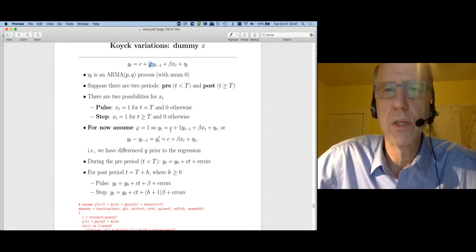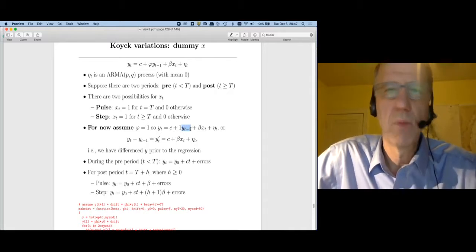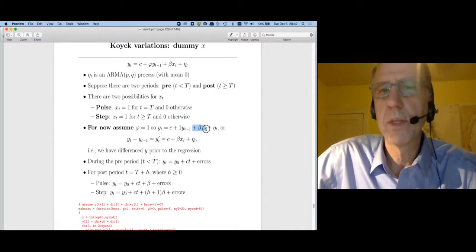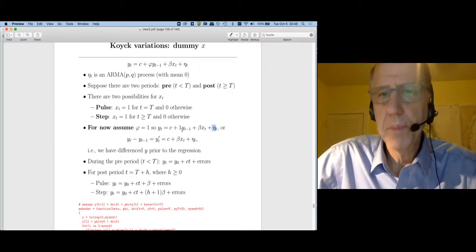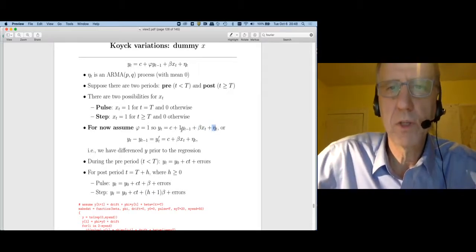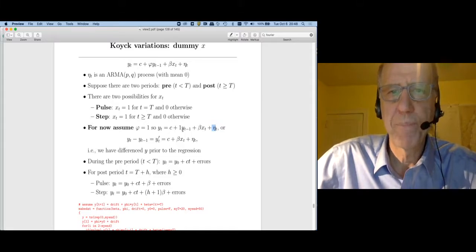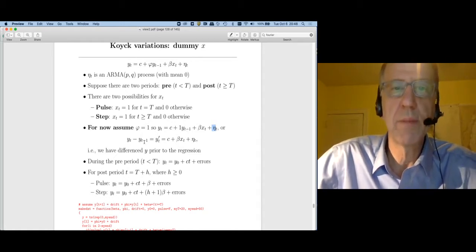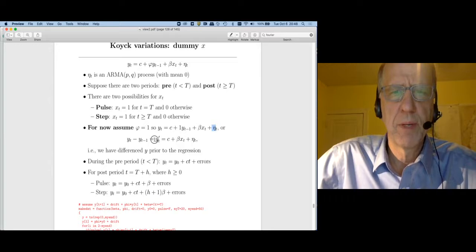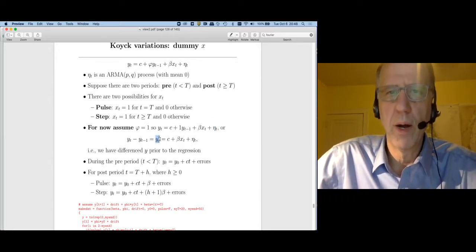yt is just c plus whatever my sales were last period plus the effect of x, and then we've got our errors. Because I fixed this coefficient at 1, I could move it to the other side. If I move this yt minus 1 over to the other side, I have yt minus yt minus 1, but that's just the difference in y.